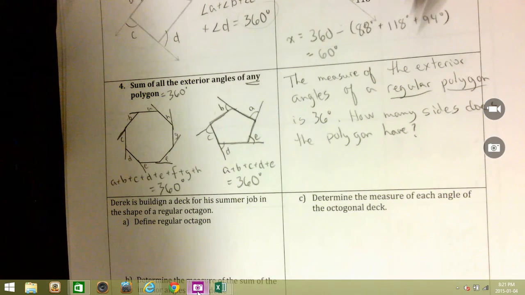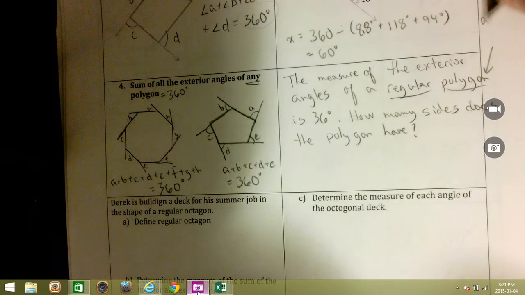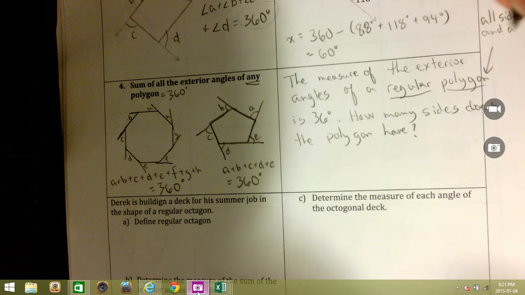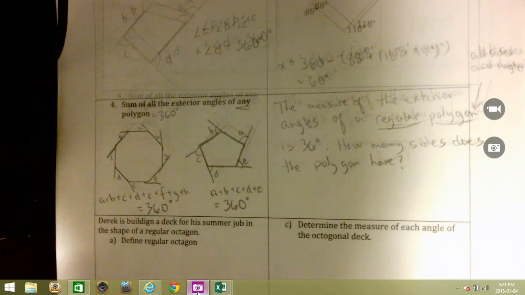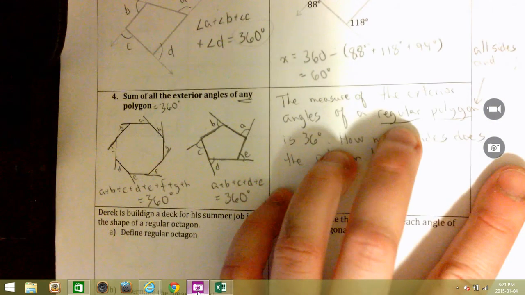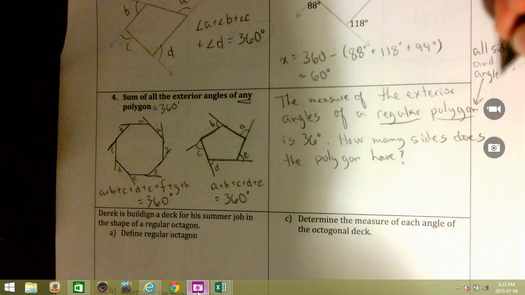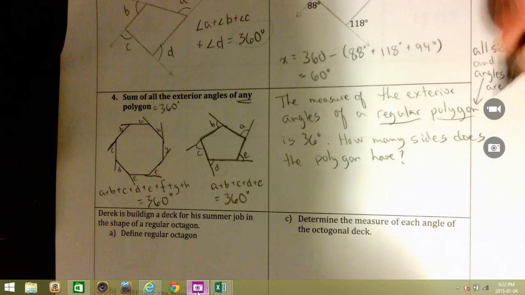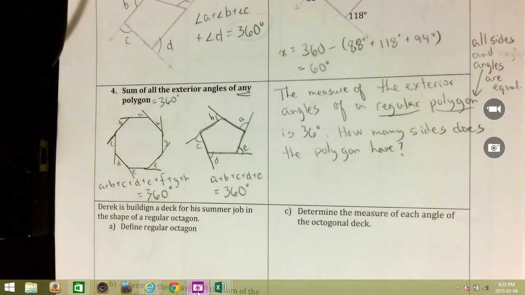A regular polygon is a polygon in which all sides and angles, you know what, I'm going to erase this here so it's more legible. All sides and angles are equal. That is what a regular polygon is. All sides and all angles are equal.